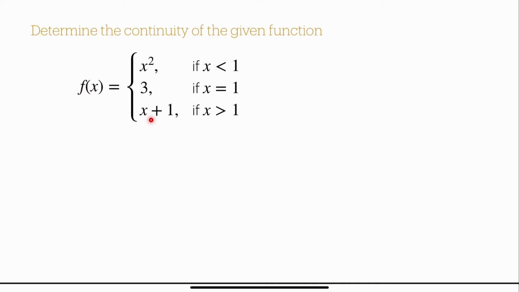And then f of x equals x plus 1 if x is greater than 1. So at x equals 1, the limit of f of x, what will happen? You'll have an idea already, because f of x equals x squared is a parabola facing upward.